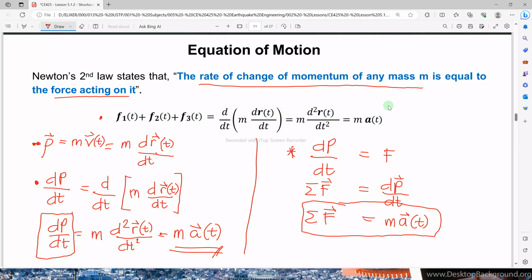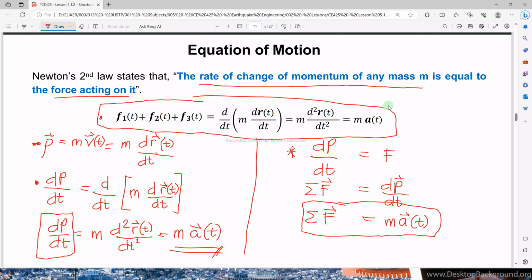Since we have three forces here, the summation of vector force 1, vector force 2, vector force 3 is equal to mass times acceleration. That is Newton's second law.